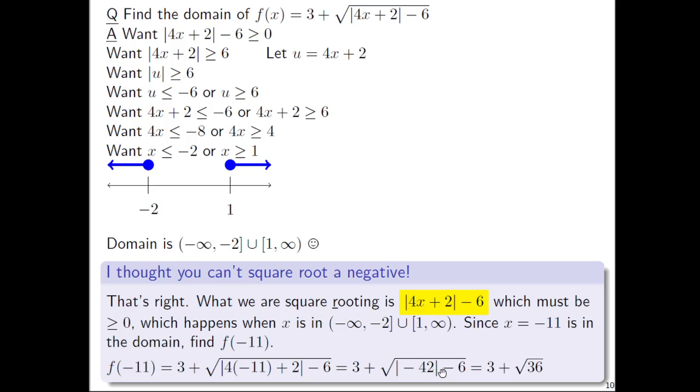That positive 42 minus 6 in the radical ends up being 36 in the radical. We still have the 3 in front, so it's 3 plus root 36, in other words 3 plus 6, which is 9. There we go. We got a real number. So it was fine to use negative 11 as an input. We get positive 9 as an output.